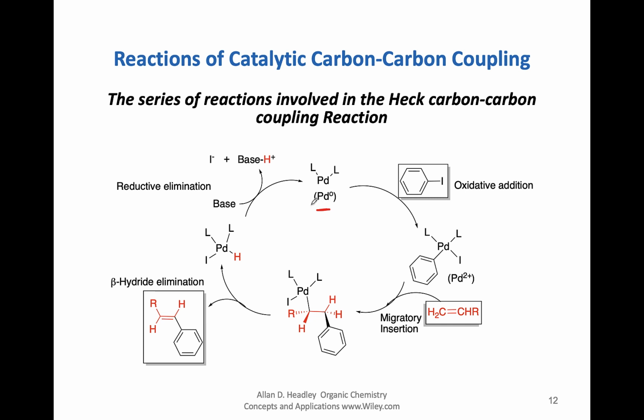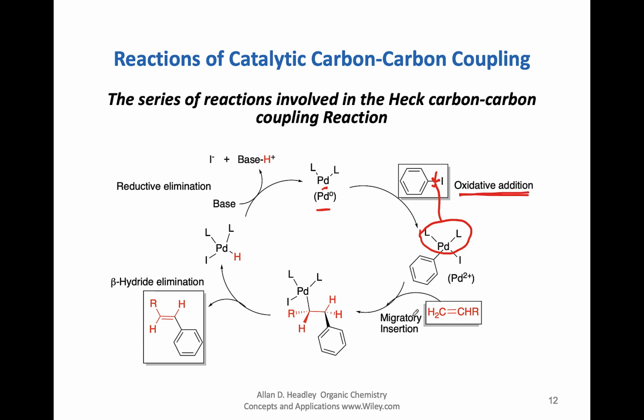Once you mix them, the first reaction that will occur is the oxidative addition, where this catalyst inserts right in here, as we have seen right here. So here's the palladium that's inserted right in here. So that's an oxidative addition.